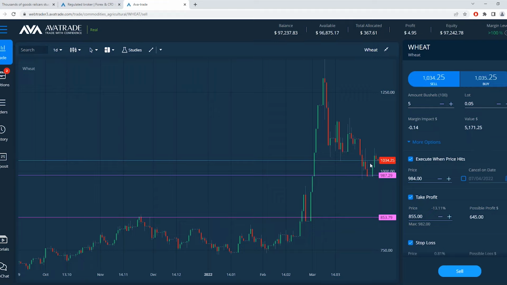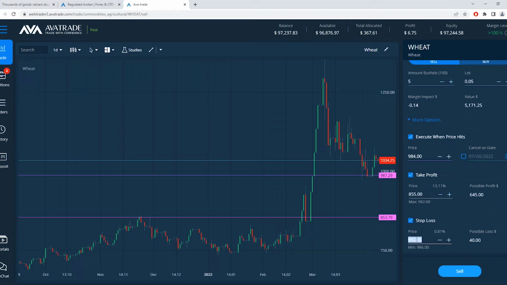Stop loss, if it does break the support and trigger our trade down here, then our stop loss could be back above that, maybe back above 1,000. So maybe 1,010 on our stop loss. Whoops, let's type it correctly. 1,010. Okay, so about 5 to 6 times potential profit to risk on that one as well.